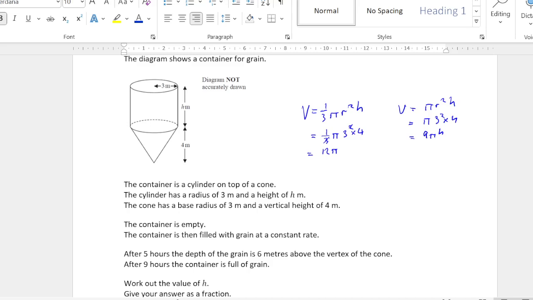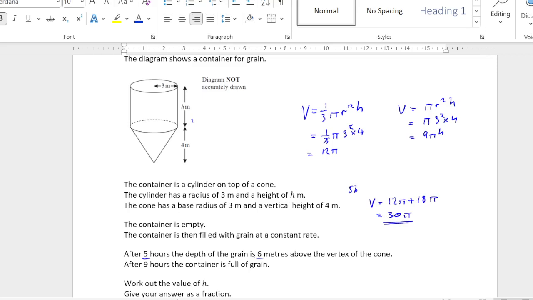Okay, so after 5 hours, the depth is 6 meters above the vertex, so that h would be 2. So after 5 hours, we're looking at the volume being equal to 12 pi plus, with h being 2, 18 pi. So at that point we would have a total of 30 pi at 5 hours.